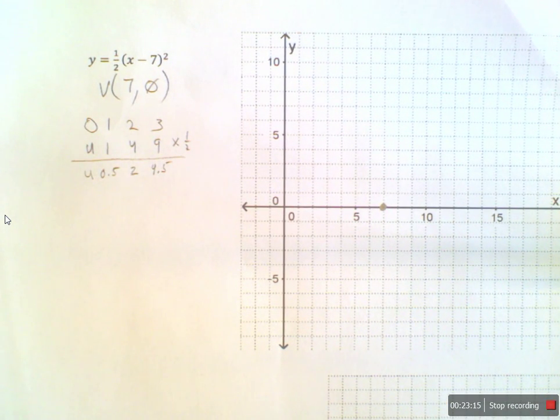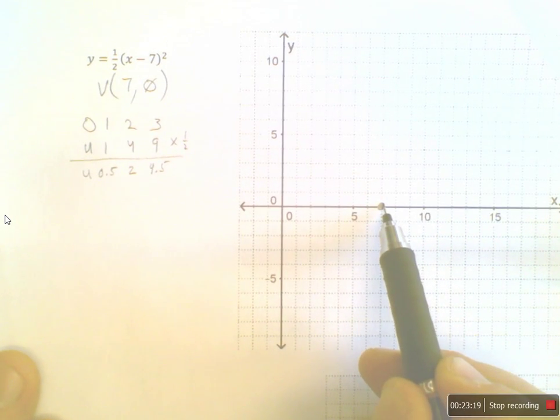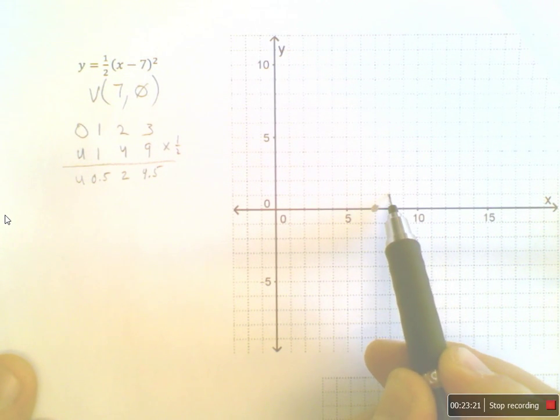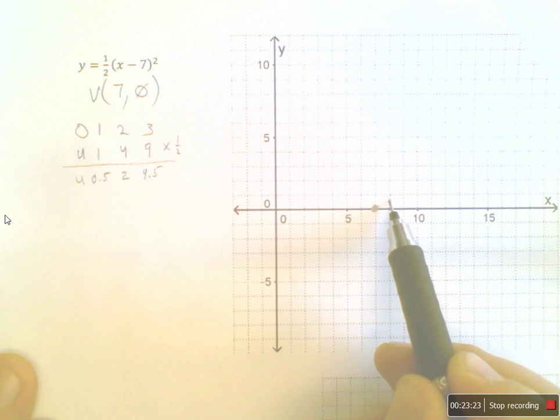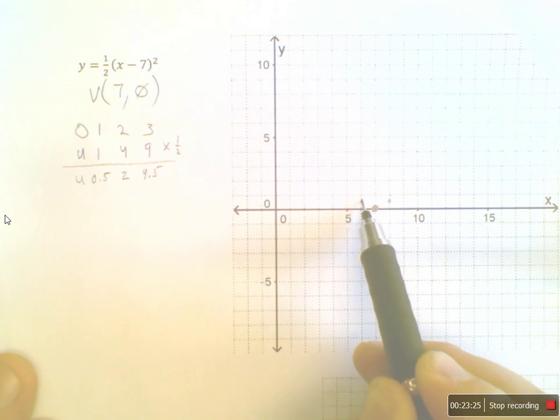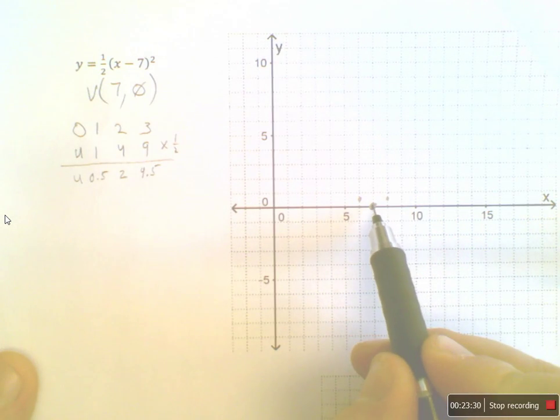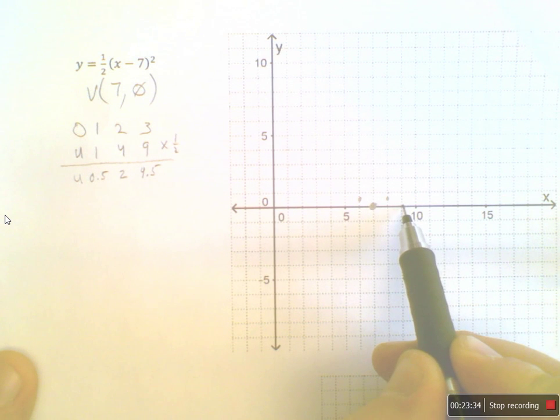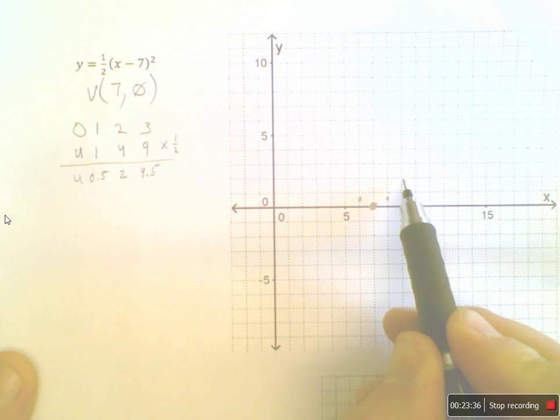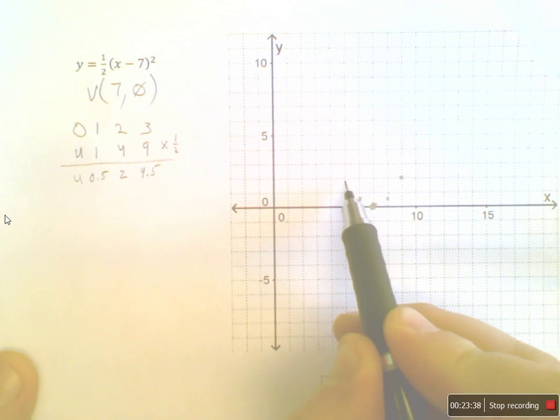And it is a bit trickier when you have a compression. Instead of going over 1, up 1, I only go up 1/2. If you want to just watch, it might be helpful. Instead of going over 2 and up 4, I cut that in half and only go up 2.